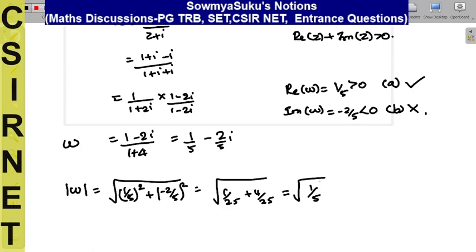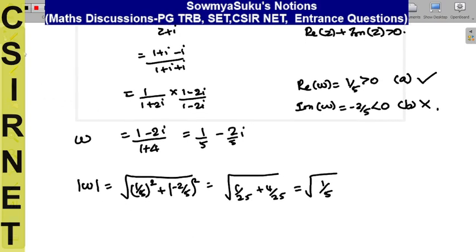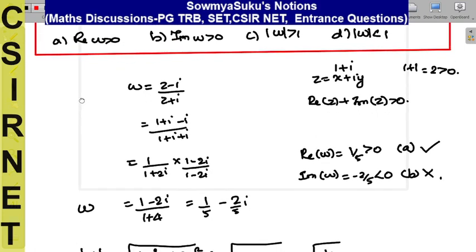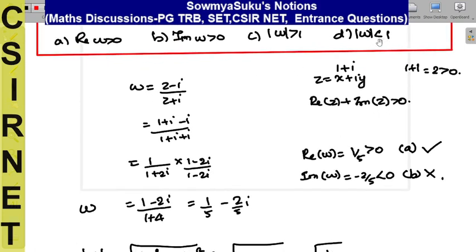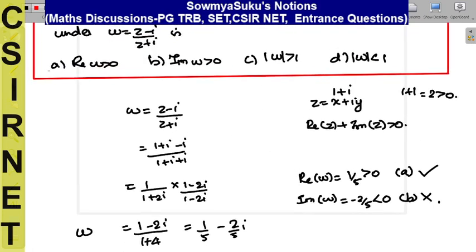Yes, definitely it is greater than 0. C is greater than 1. It is not possible. So we can say that option C, that is modulus w greater than 1, is the wrong one. But modulus w is less than 1, because here root of 1 by 5 is less than 1. So according to this question, option A is right, then option D is right. Other two options are wrong options.